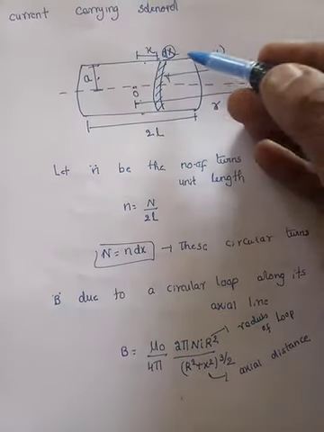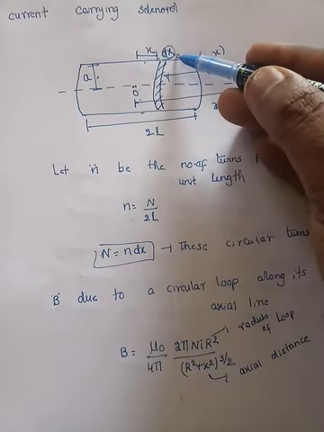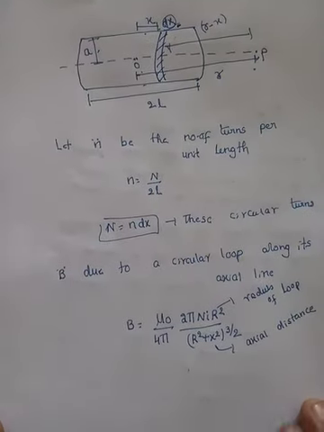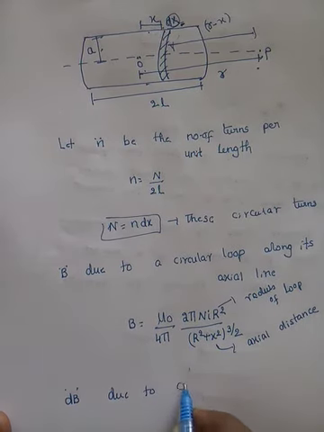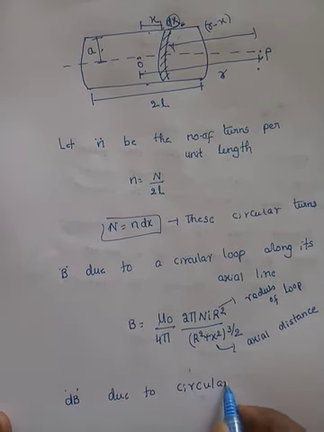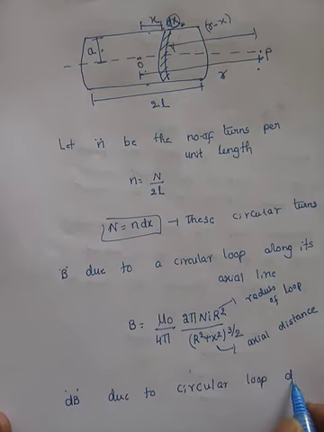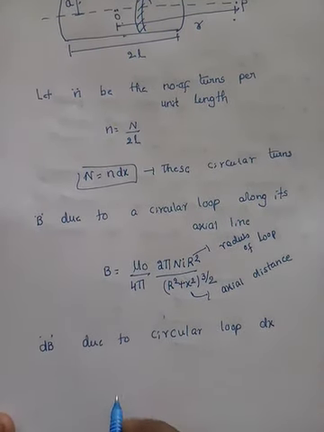Now this is not for the complete loop, so we are considering only the magnetic field of a small length. So dB due to the circular loop of length dx, what do you get?